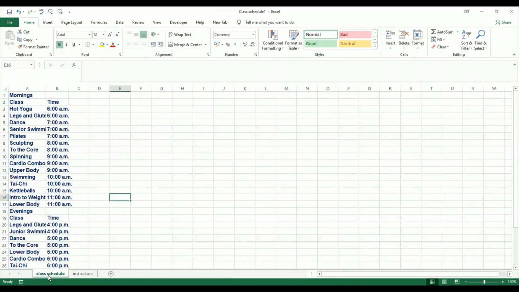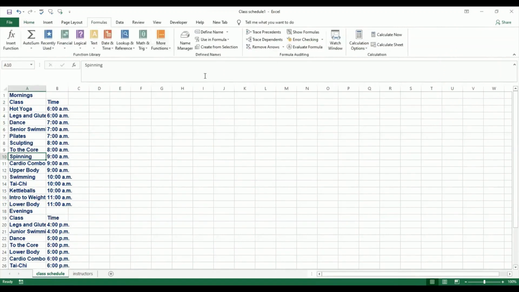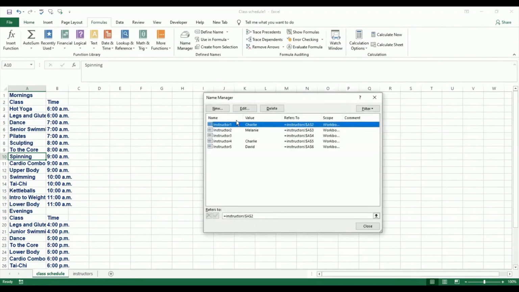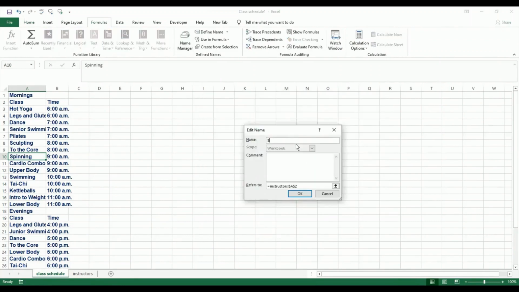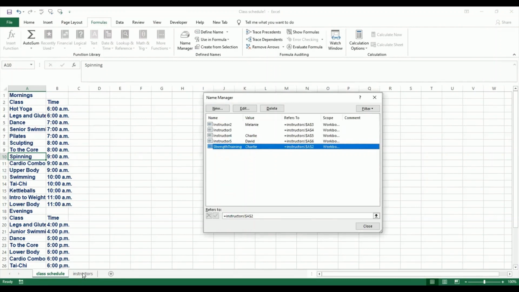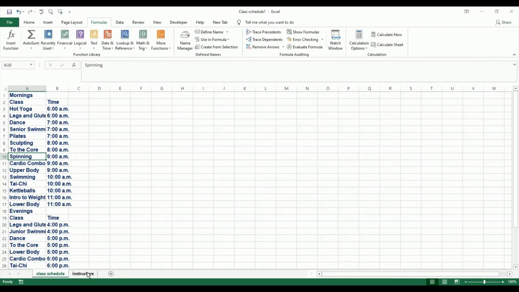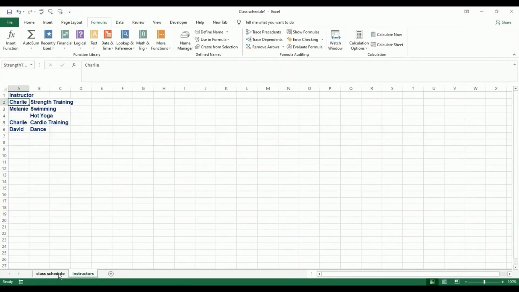Now, if you find this difficult, I'm making it even easier for you. Instead of instructor 1, instructor 2, instructor 3, what I can do is name instructor 1 as strength training. Now it will be even more fun, because I'm putting in the name of the course enquiry. Instructor 1 becomes strength training. Instructor 2, because it's very difficult for you to know by instructor number, right? 2 is swimming.